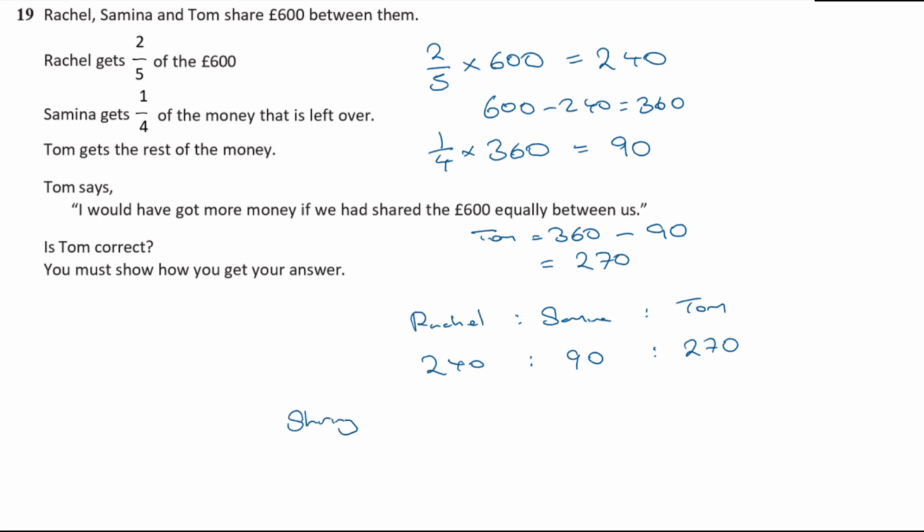Sharing equally would have been £600 divided by 3 of them. That would have been £200. So you can see actually Tom is better off. So is Tom correct? Tom is wrong.